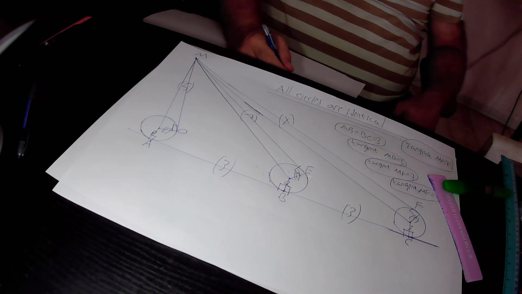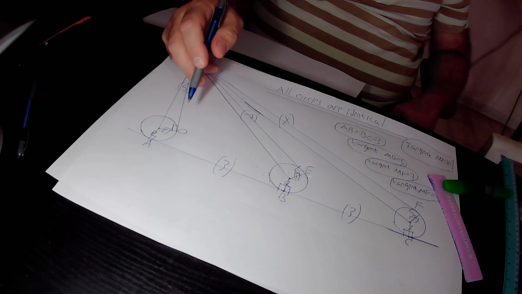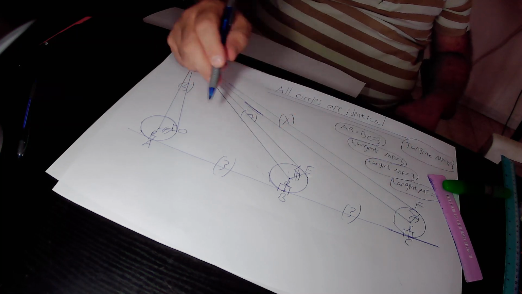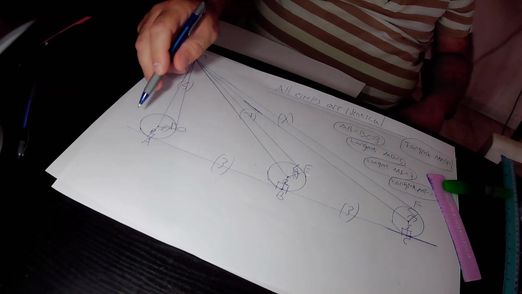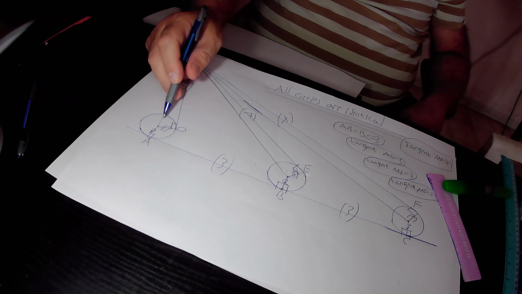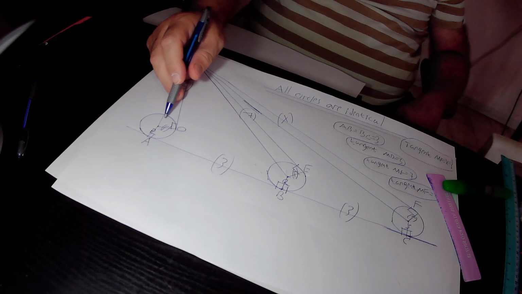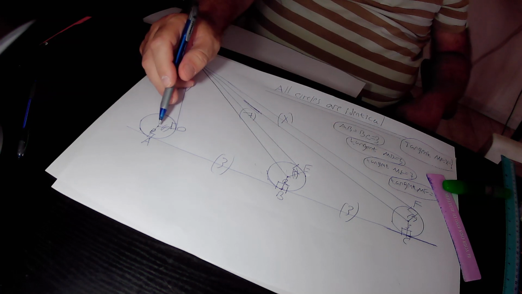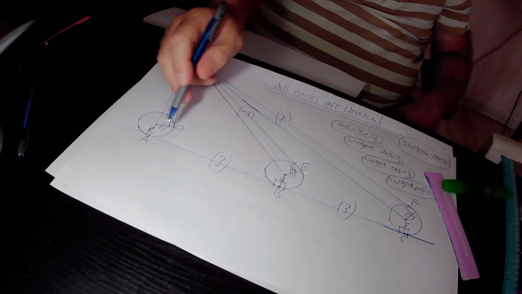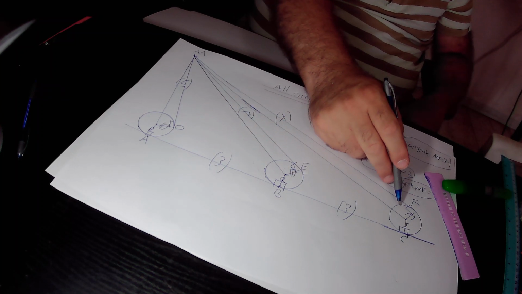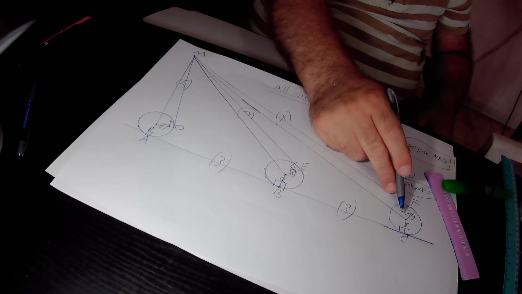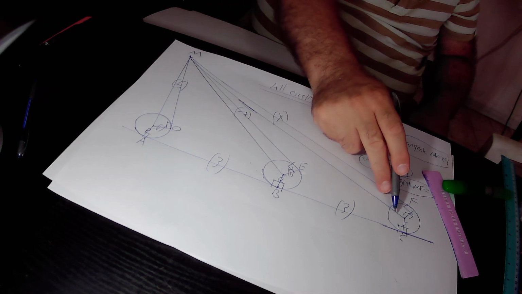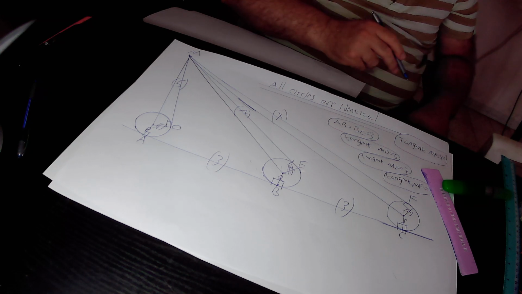And because of the fact that those 3 points P, Q, and S are located at the same distance from the straight line ABC. This is the straight line ABC. The distance of point P from the straight line ABC is R. The distance of this point Q from the straight line ABC is also R. And the distance of this point S from the straight line ABC is also R. That is the radius of this circle.